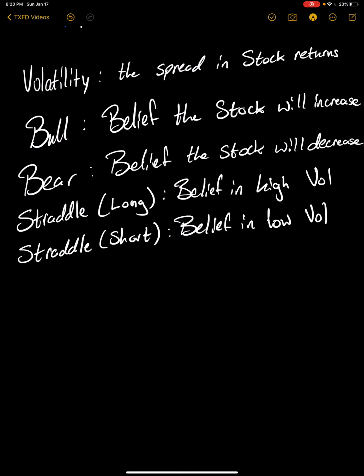So that's how you would use each of these four strategies in order to profit off of the stock price going up, the stock price going down, the stock price moving a lot, or the stock price moving a little. And so with these four strategies, you kind of have to interpret what kind of state of the world you're in, and what you can do about it through using one of these strategies or a combination.